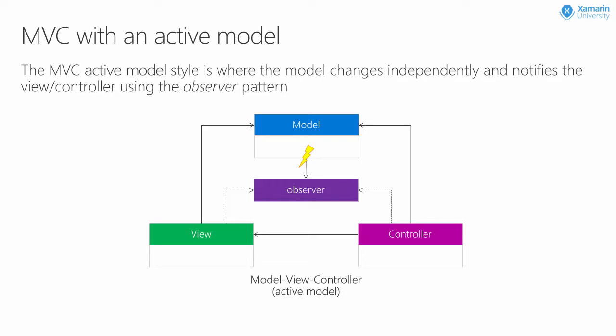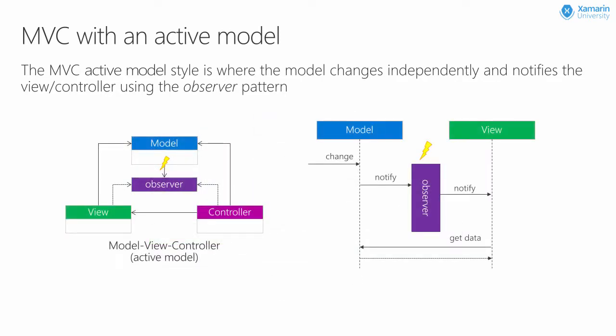This provides a way for objects to notify other objects about state changes without introducing dependencies on them. This is sometimes referred to as a publish-subscribe, and in .NET we can use delegates and events to implement this kind of loosely coupled notification. So here's how it works.